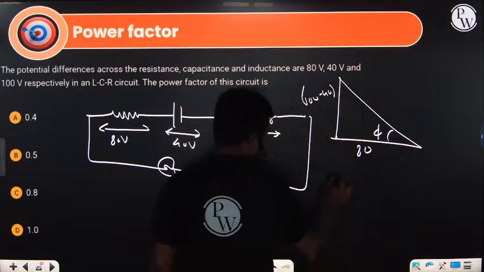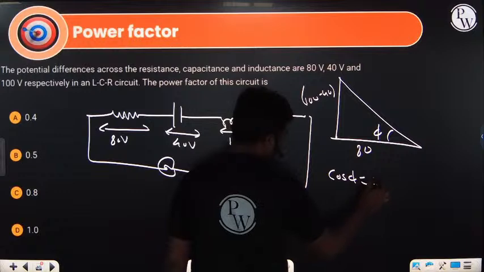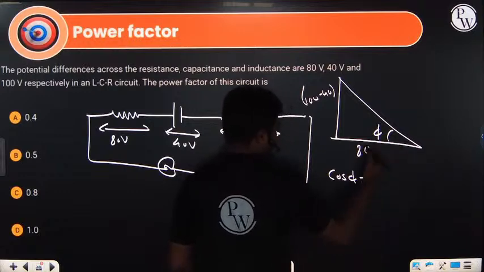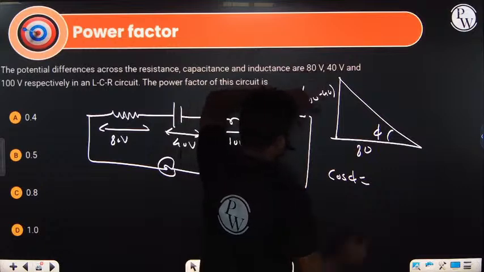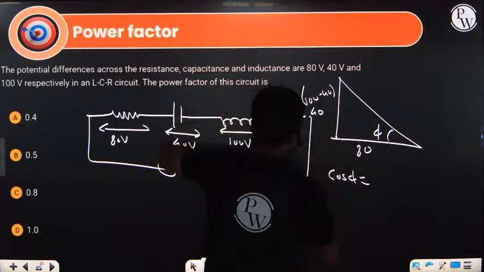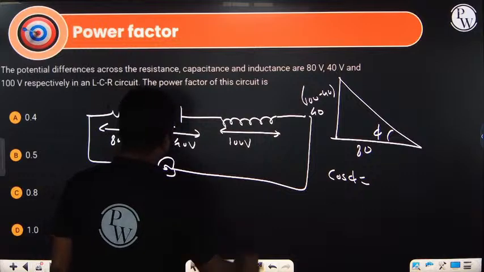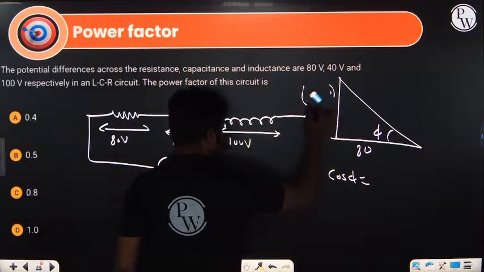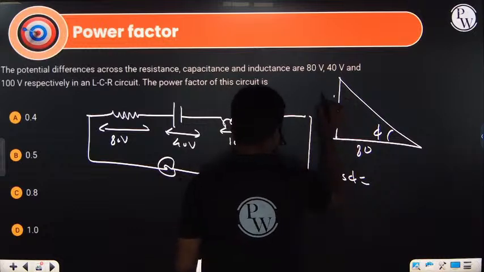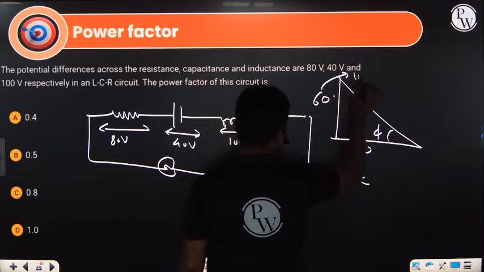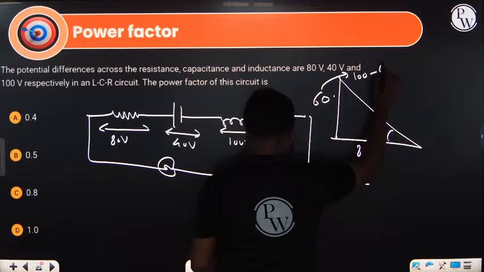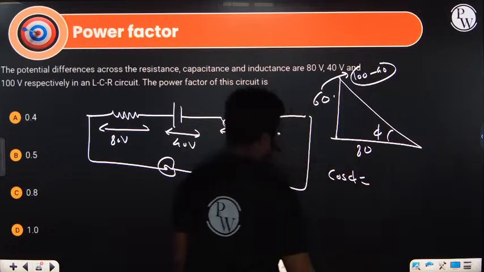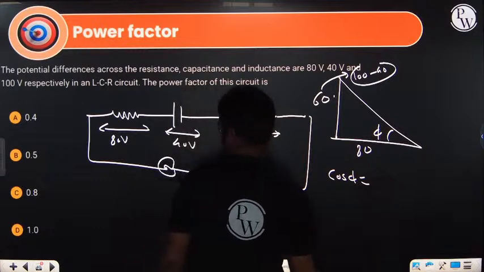So cos phi is R by Z, and that is not required here. The perpendicular is 100 minus 40, that is 60, which is VL minus VC.